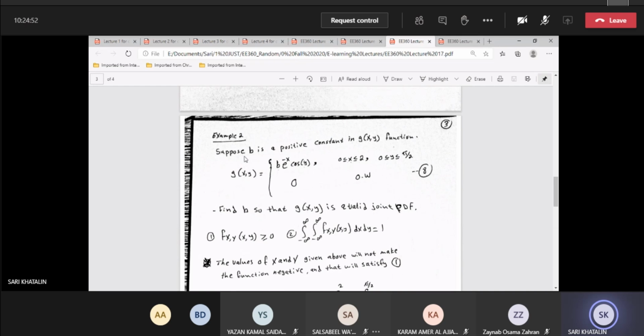So here, suppose b is a positive constant in a function g of x, where g of x is given in equation 8 in front of you, where x is between 0 and 2, and y is between 0 and pi over 2, as you can see here on the screen, and 0 otherwise.